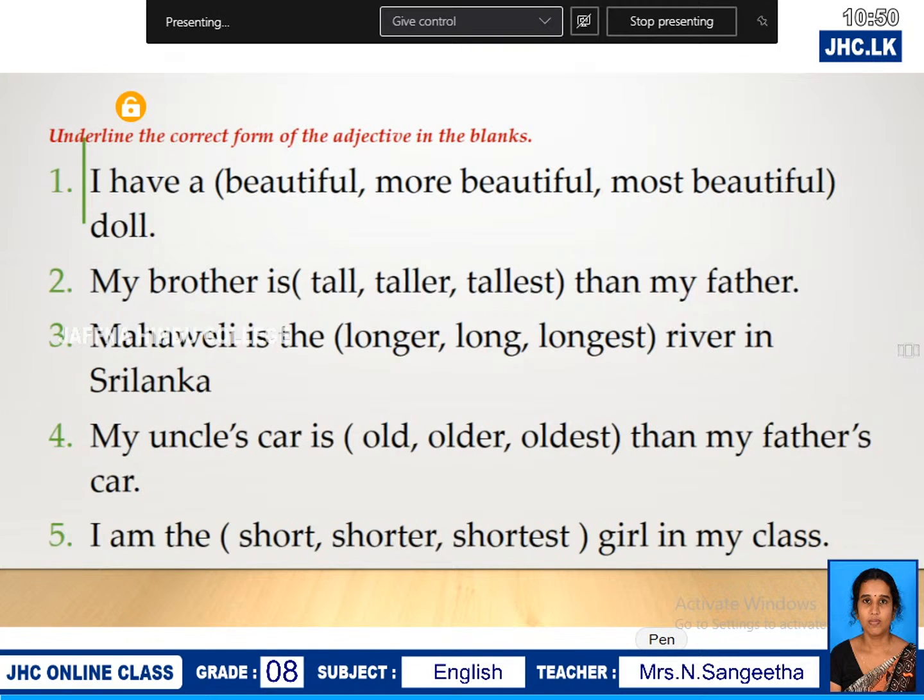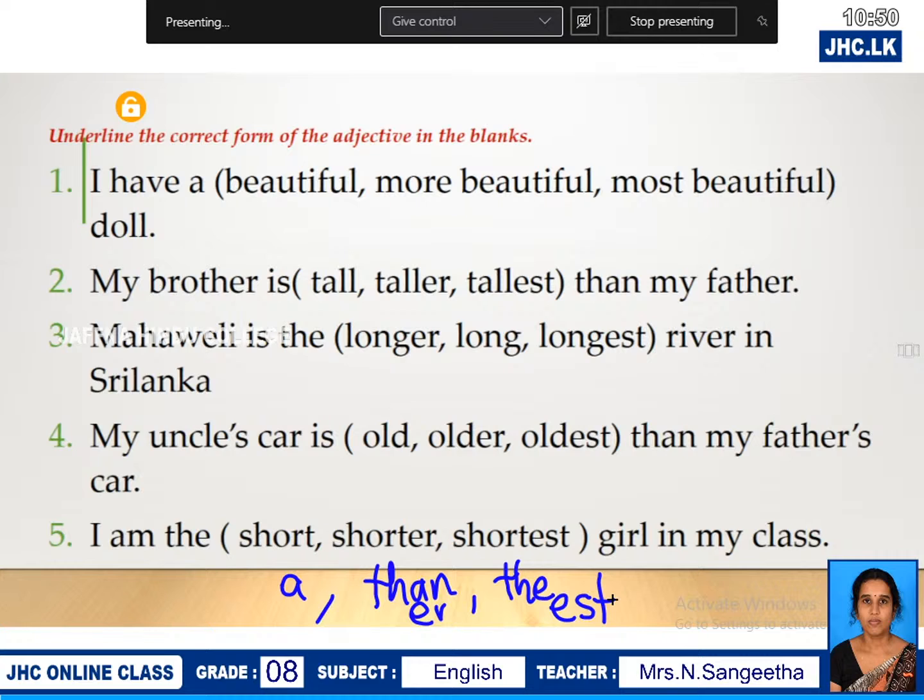Can you do these questions? For adjectives we use a, for comparatives we use than, and for superlatives we use the. Comparatives are mostly used with er, and superlatives mostly come with est.